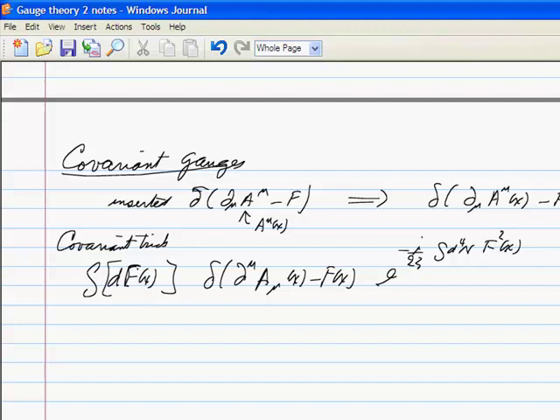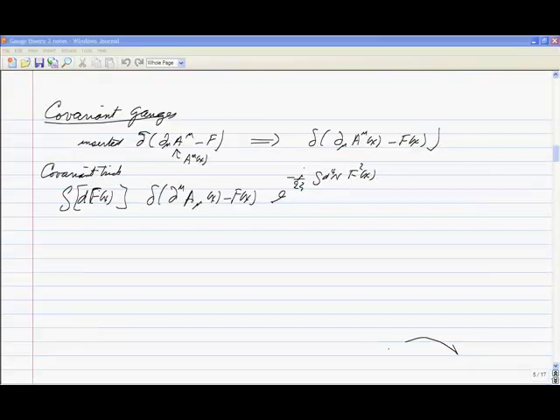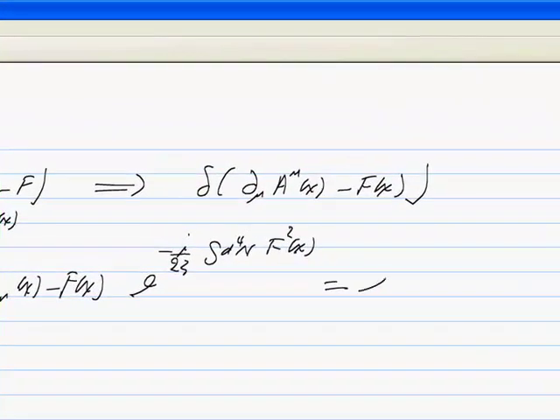So it's sort of like a Gaussian weight. So with this Gaussian integral, when we do the delta function constraint, we get e to the minus i over 2c. Basically, f squared gets replaced by d mu A mu.